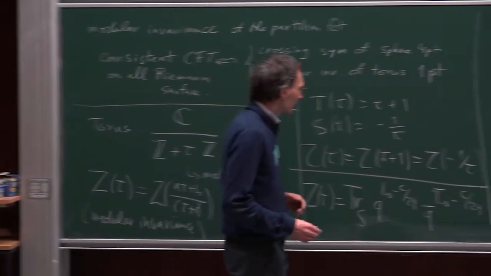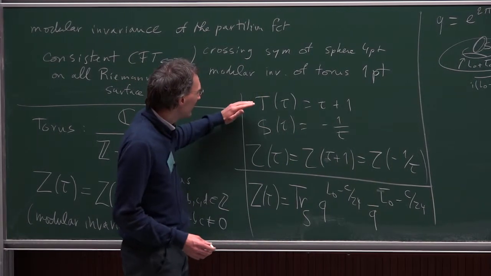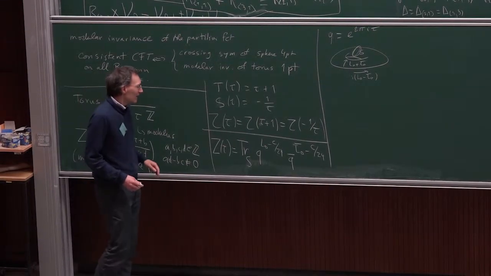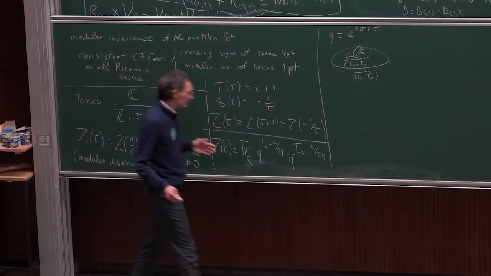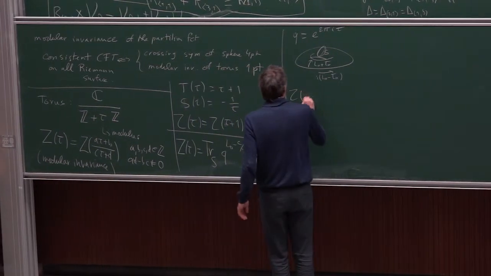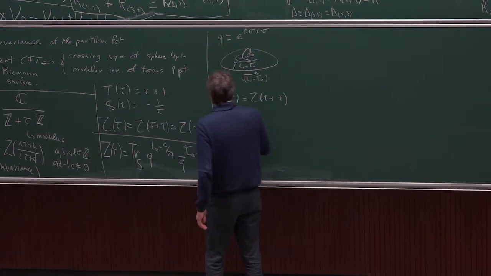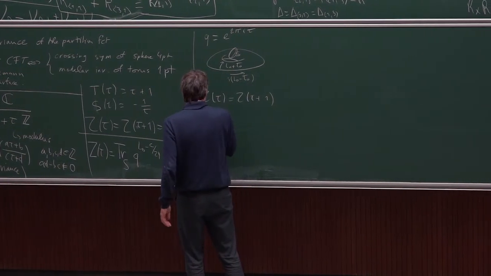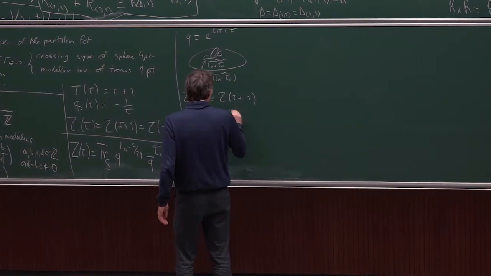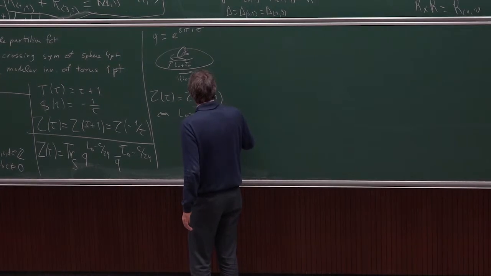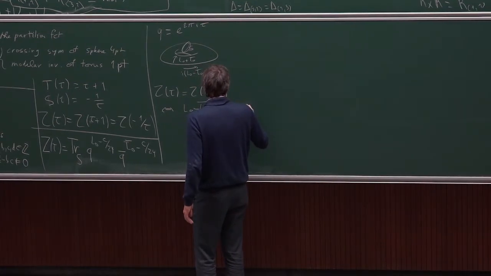Okay, so first let's start with this T transformation. Tau goes to tau plus 1. So the invariance Z of tau equals Z of tau plus 1 means that L0 minus L0 bar is integer, or if you want, has integer eigenvalues.